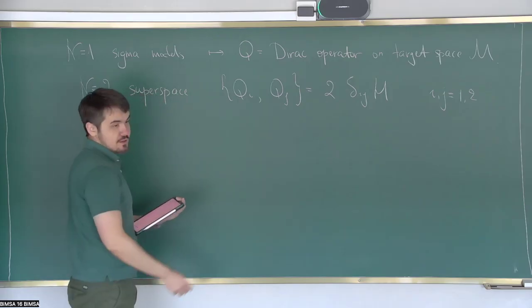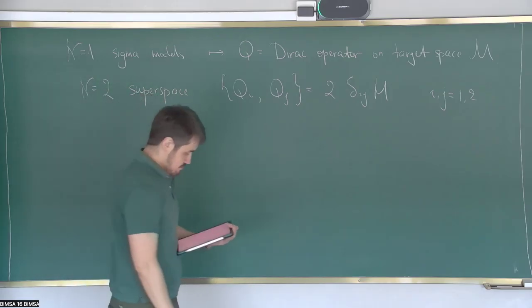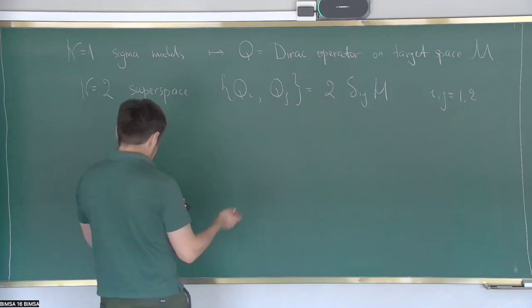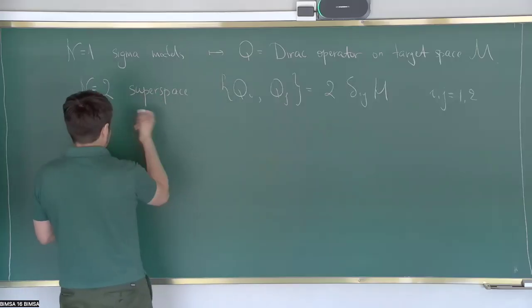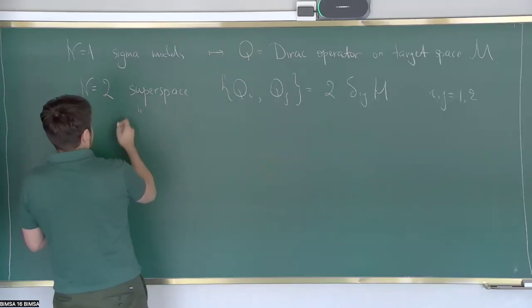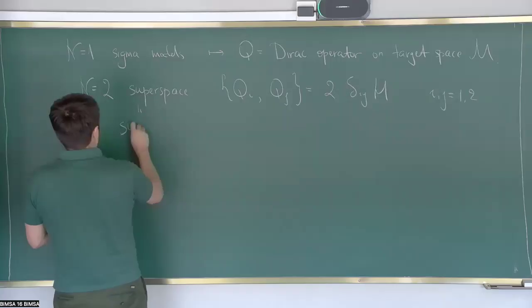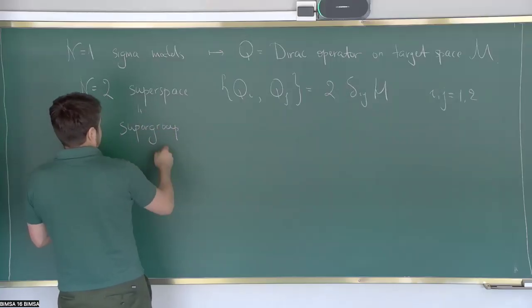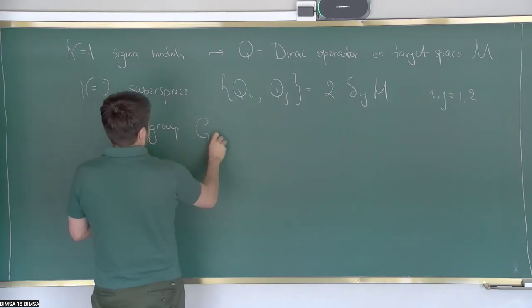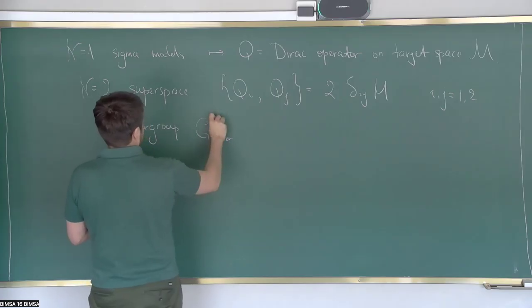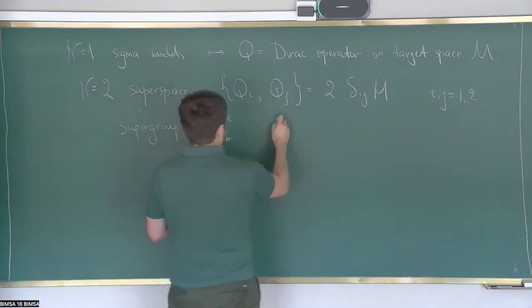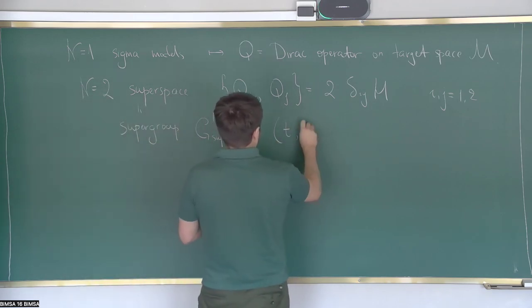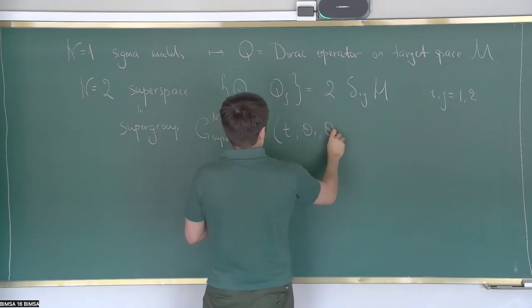We can complexify it. Even before complexifying, let's just say that the corresponding supergroup, which is the superspace, called G super, this time N equals 2, has the coordinates t, theta 1, theta 2.